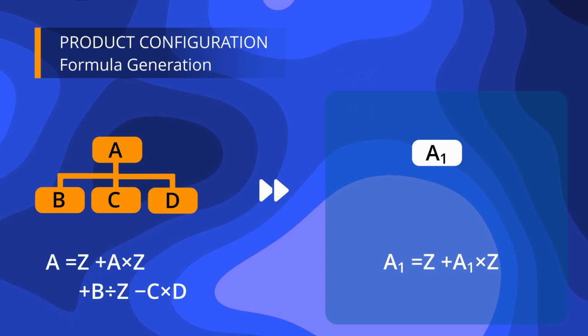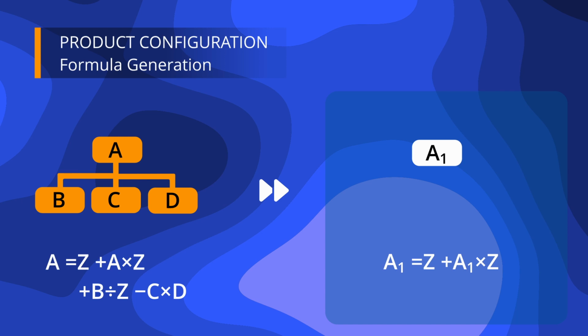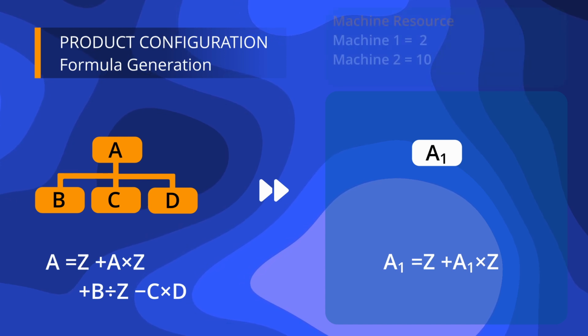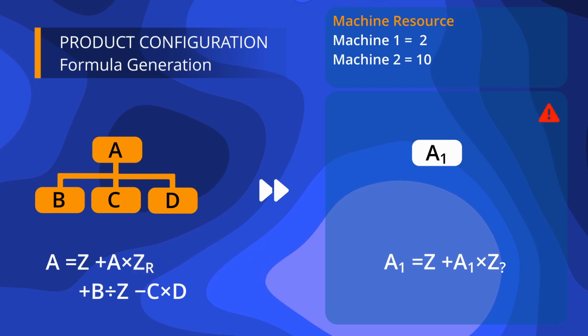On the other hand, for resource item attributes, Mercenta can't decide which entity to use because there may be multiple to choose from. In these cases, the user will need to select a resource item for the formula generation. In the example, if Z is a machine resource, the product cost will initially be in an error state because Mercenta doesn't know which resource item to use in the generated formula.